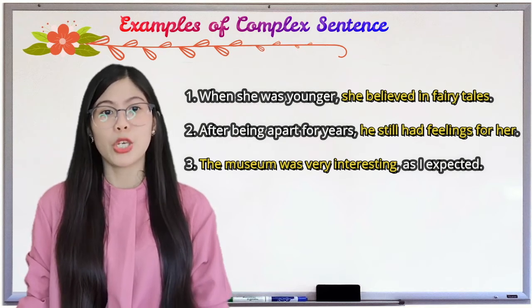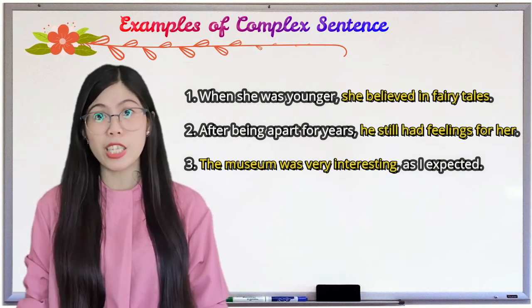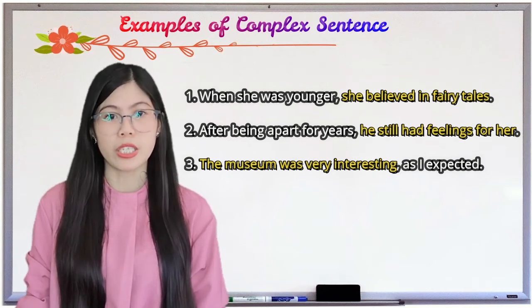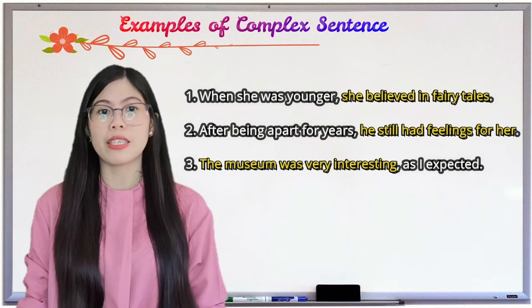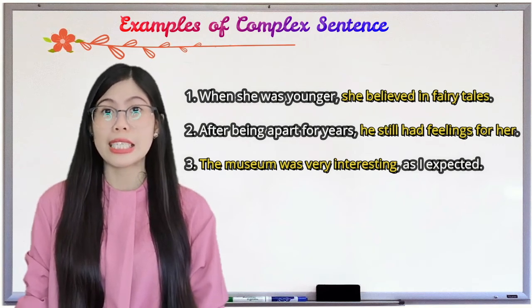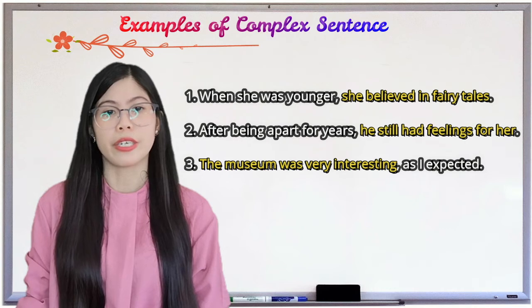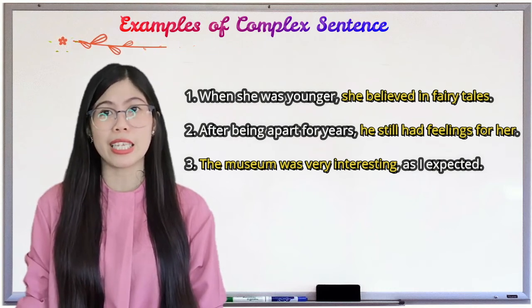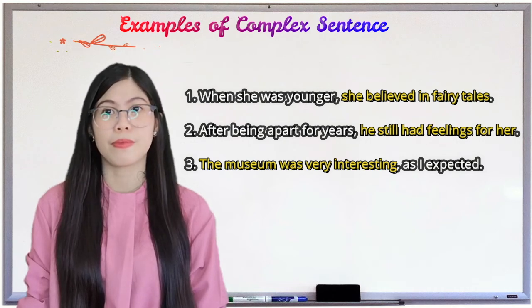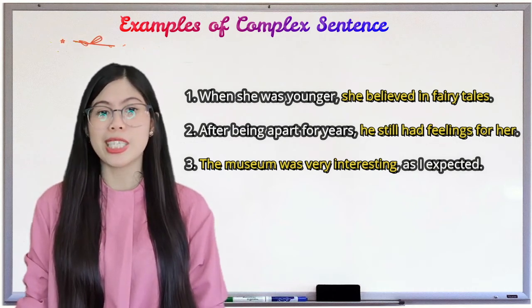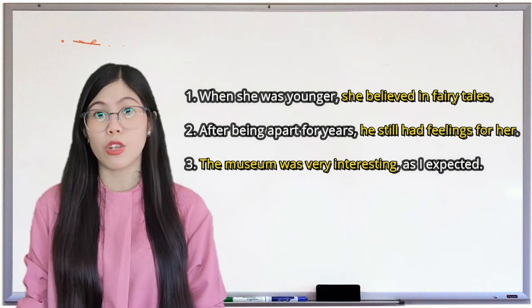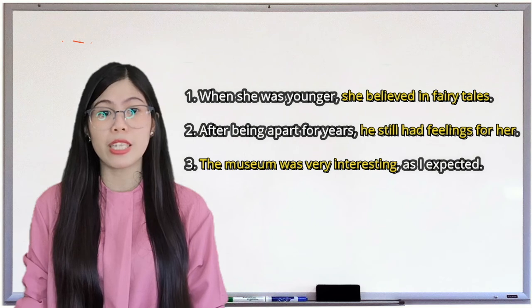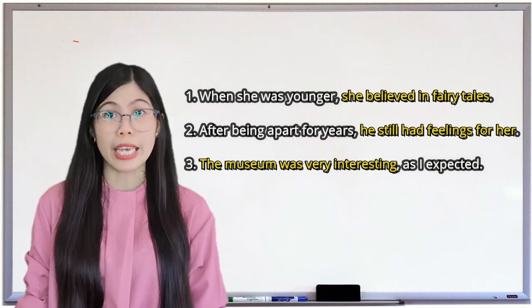Very good. Because we have one dependent clause, which is after being apart for years, and one independent clause, which is he still had feelings for her. How about in the third example? How can you say that it is a complex sentence? Okay, because it consists of one independent clause, which is the museum was very interesting, and one dependent clause, which is as I expected.